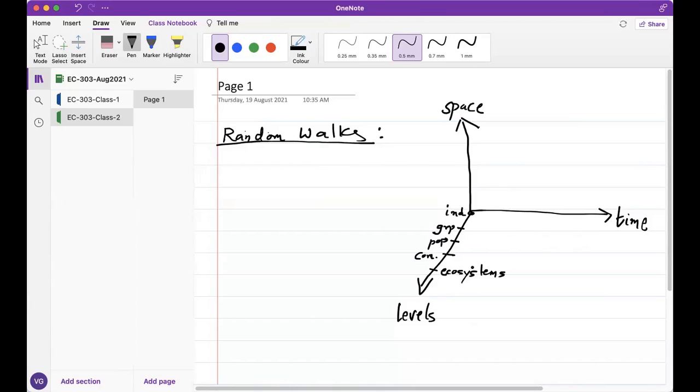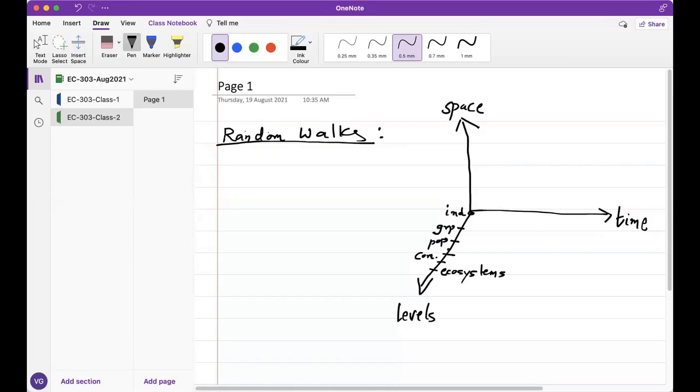By and large, in ecology, we want to understand properties of all these hierarchical levels of organization across space and time. Sometimes we may take a static picture. We want to know, for example, how are communities structured in space.